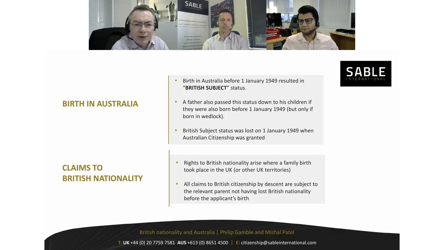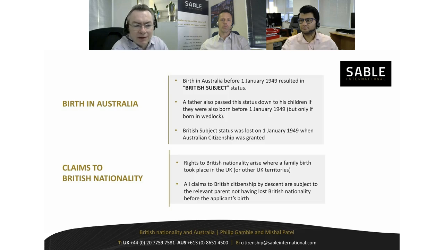So what you can take from that is that to have a claim to UK nationality in the modern day, you're probably going to need a connection to another country outside of Australia, either the UK or perhaps another place which remained under full control of the UK after 1949, like Kenya and Hong Kong.